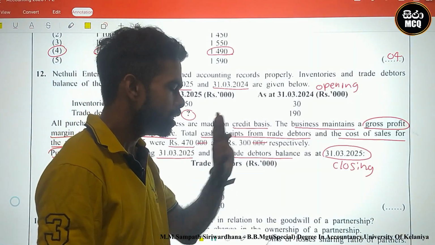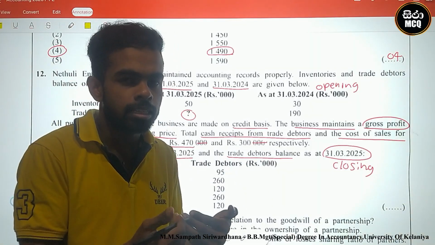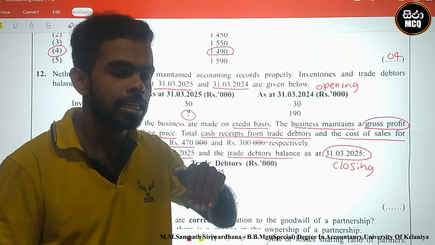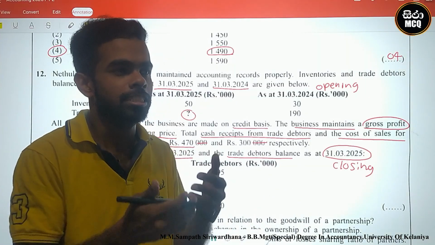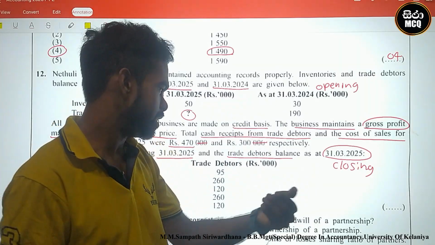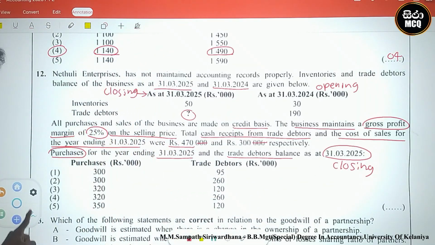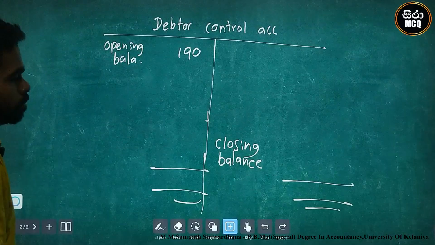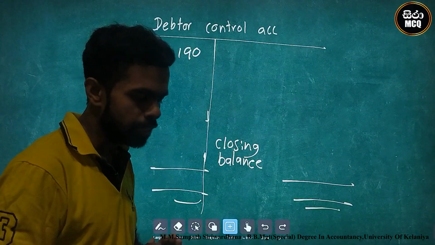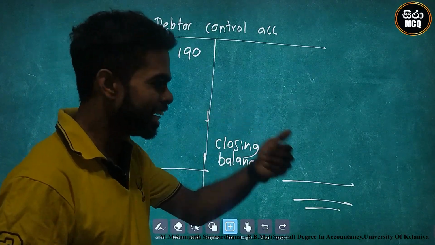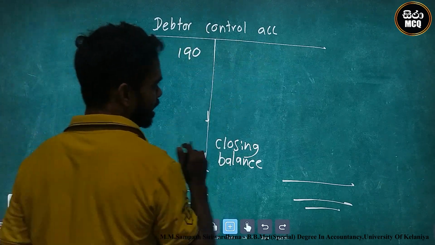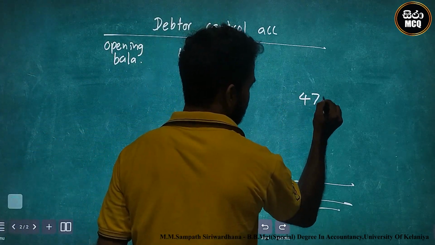Cash control debit, trade debtors credit, debtor control credit 470.